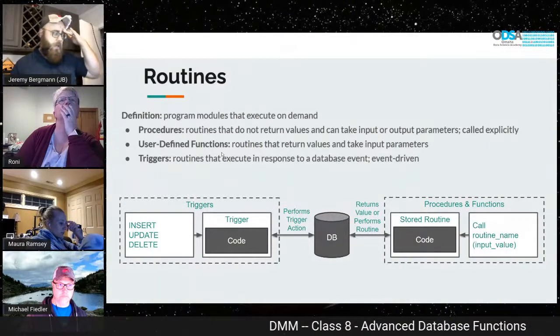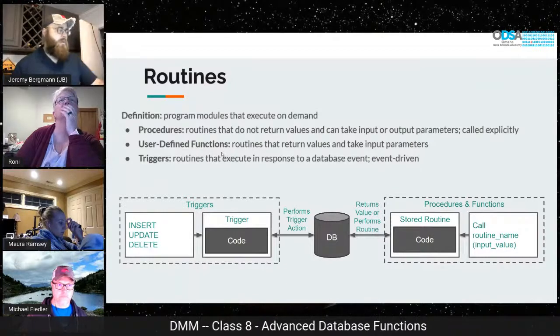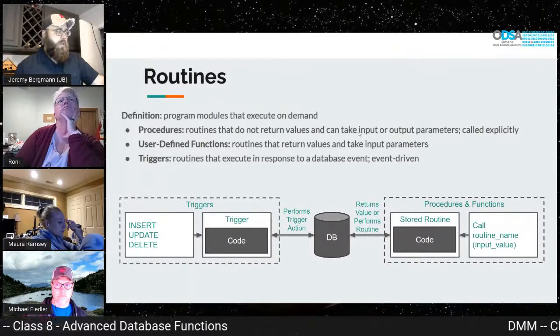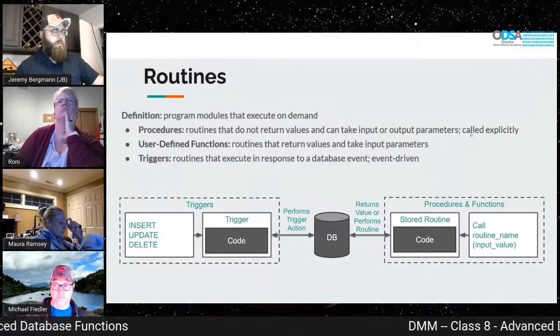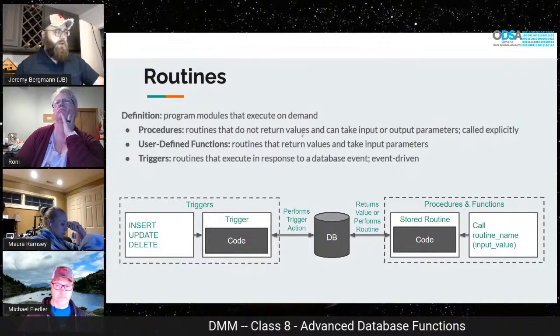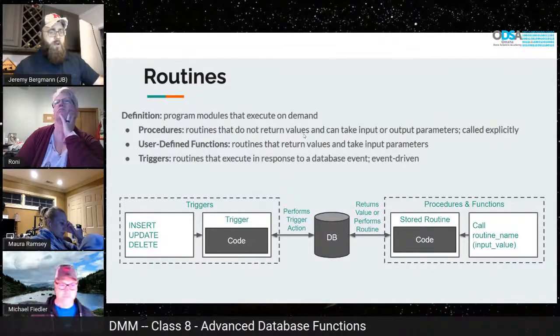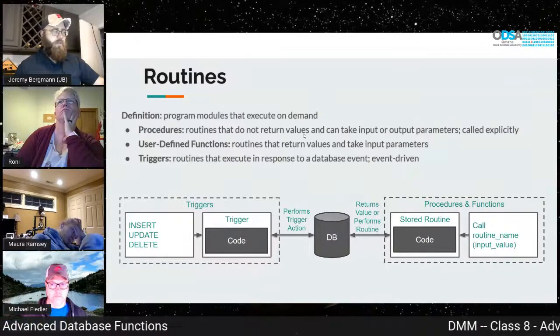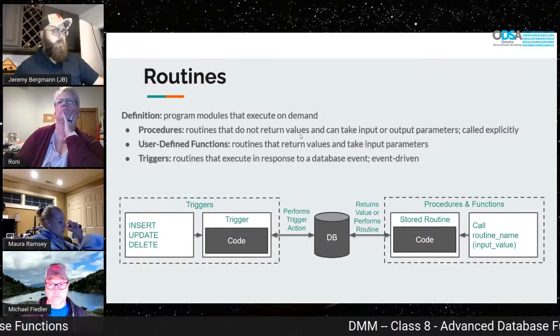So when you think about procedures, these are routines that do not return values and can take input and output parameters. They're called explicitly. So when it says do not return values, it's not going to necessarily return a value in a sense unless you do that explicitly.